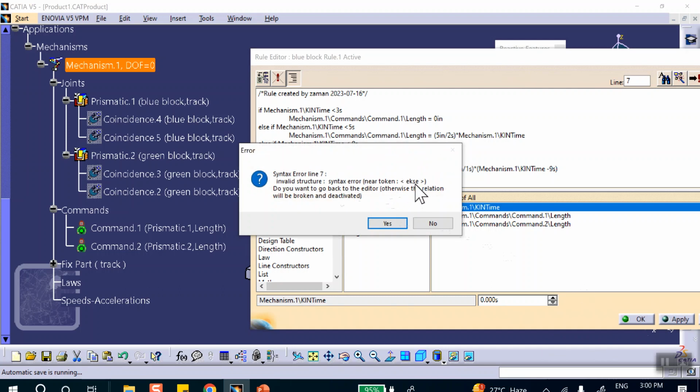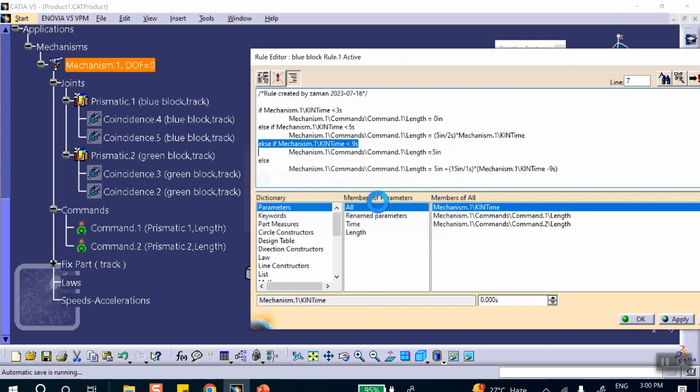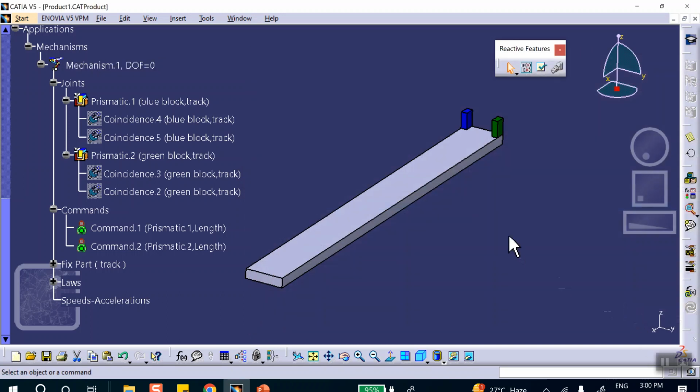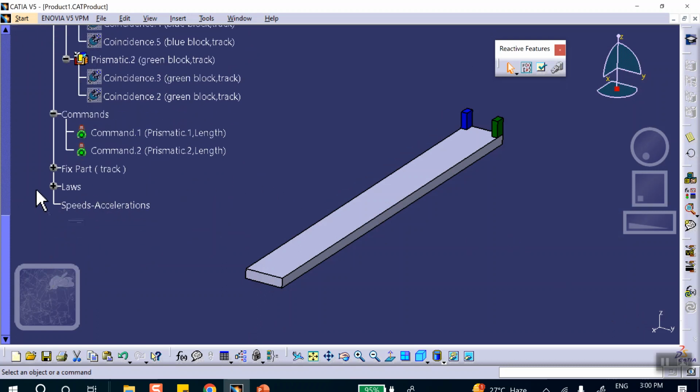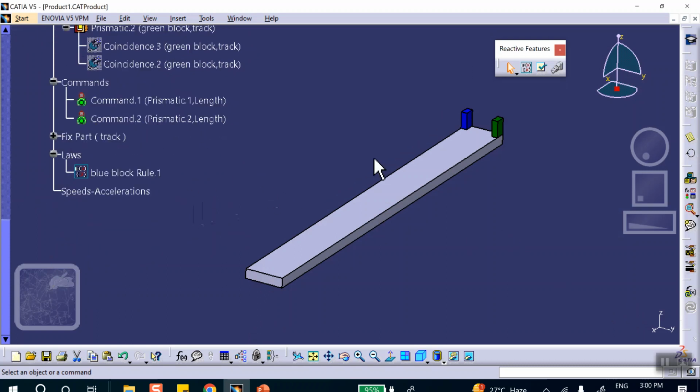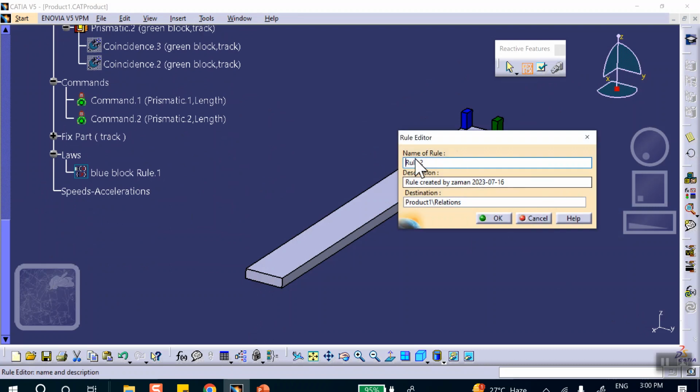See that? EKSE. So right there, this should be else, not X. Else. Okay, say okay. No problem. Here's the blue law. And now we're going to go do another one for the green law.